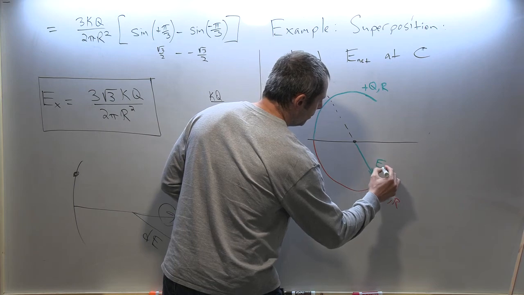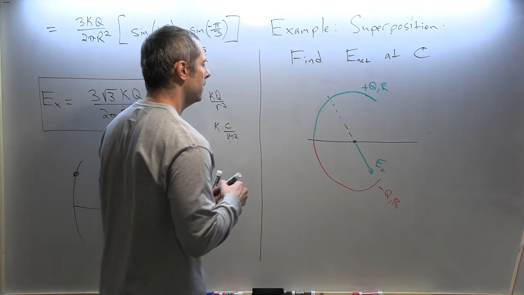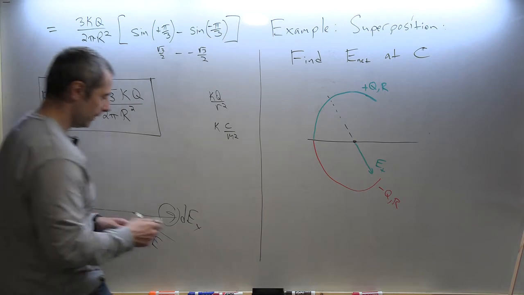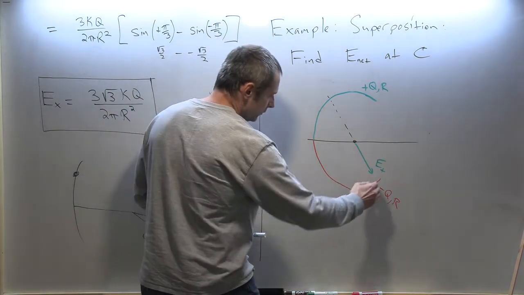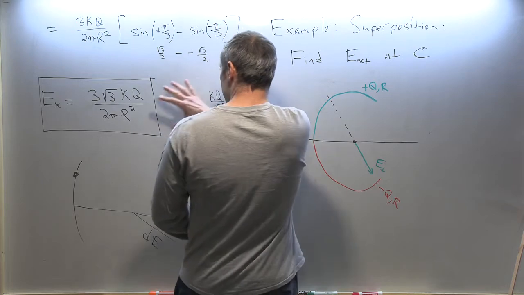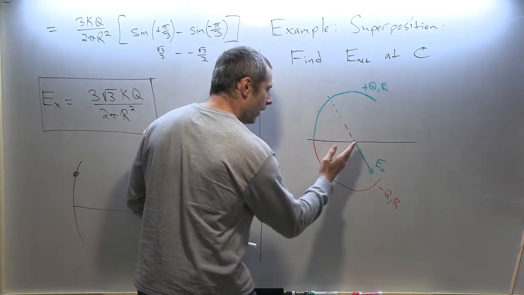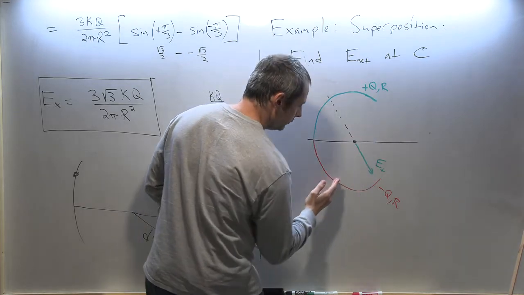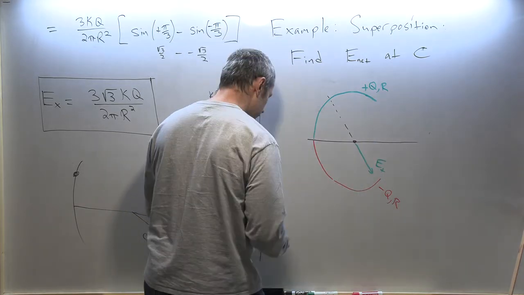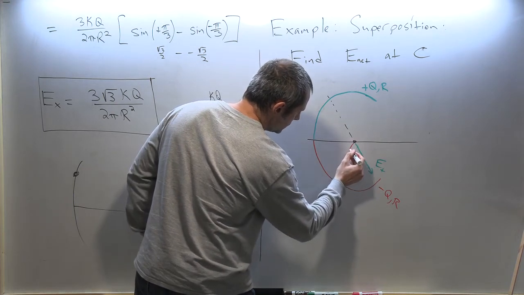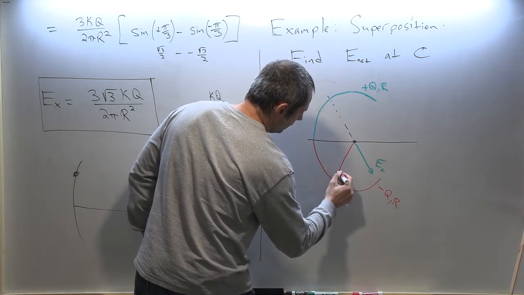I'll put E for the positive part. And it has this value. This piece also has the same value of electric field, but because this arc is negative, rather than pointing away from that center point right here, it's going to point toward that center point because of the negative charge, right? So we have like this.